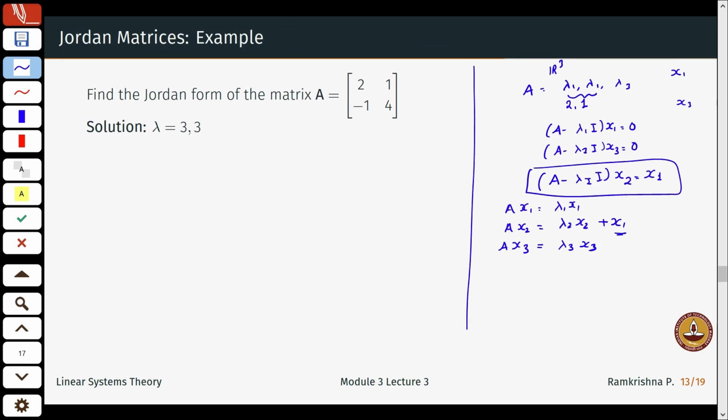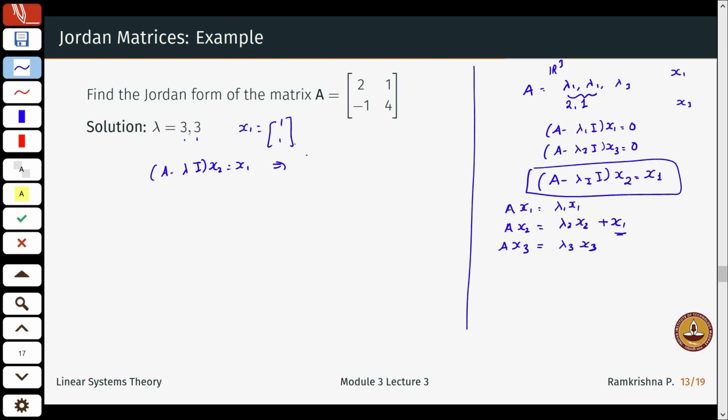Okay, so I have a matrix A with eigenvalues 3 and 3. I just want to write down its Jordan form. First, let me calculate the eigenvector. So x1 would be 1 and 1. And then I solve A minus lambda I times x2 equal to x1.